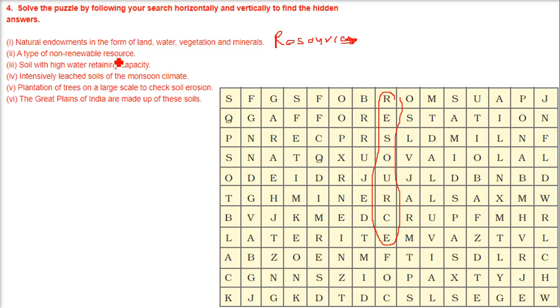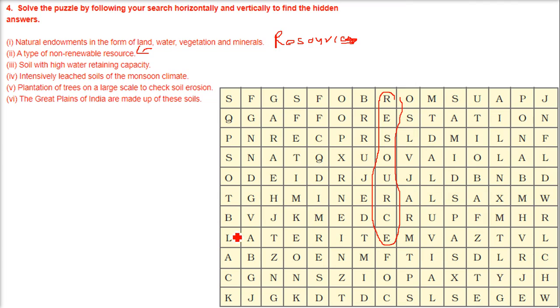A type of non-renewable resource. What is a type of non-renewable resource? Can we find something here? Let it be, I'll come back to this. Then soil with high water retaining capacity, and this is laterite.